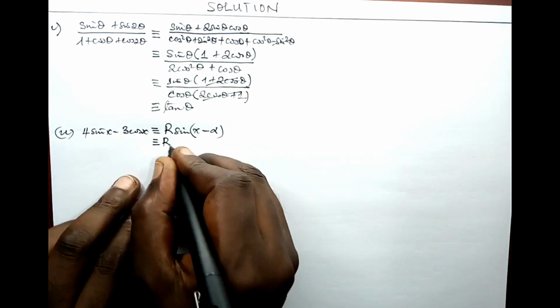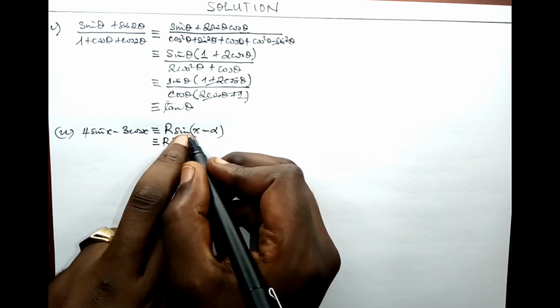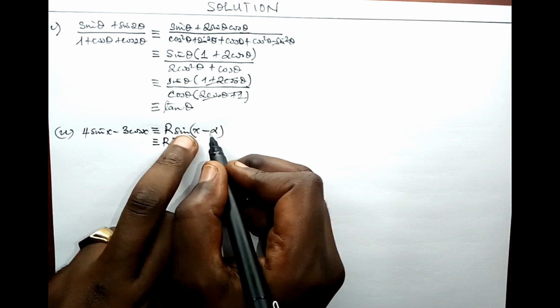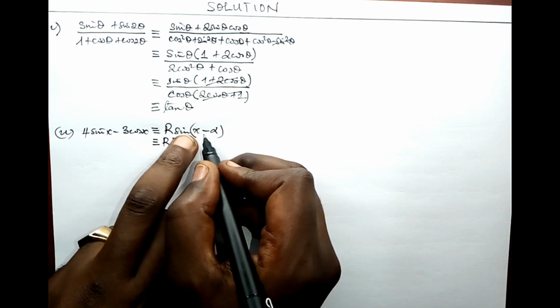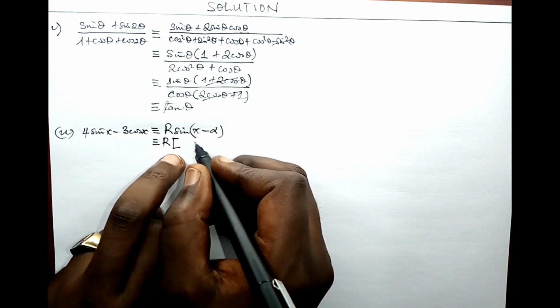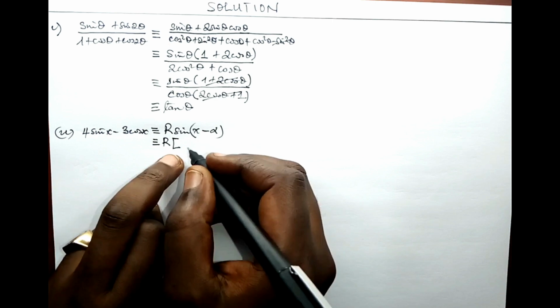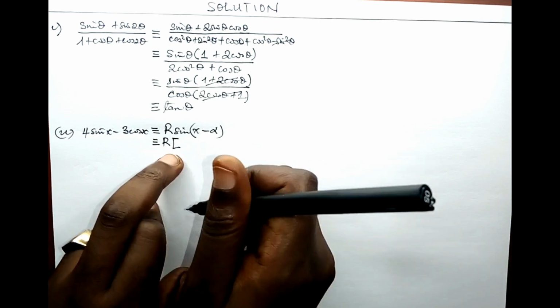And then here now, I'm required to use the compound angle identity for sine A minus B. If you can't recall it, it is in the formula booklet. So you go there and get it. Don't try to guess, because if you guess wrongly, you would have messed up the rest of the question right down to the end.